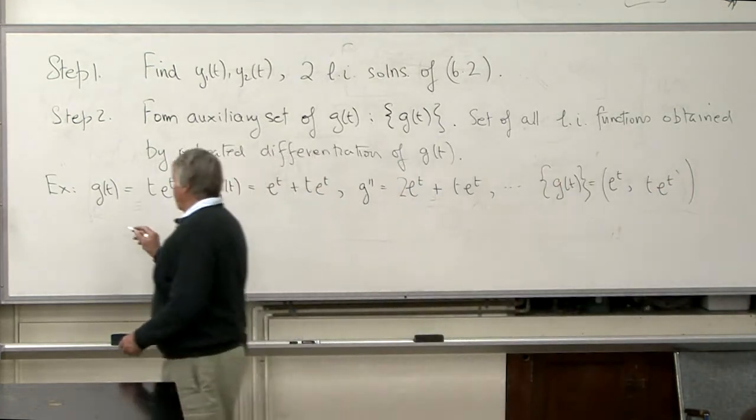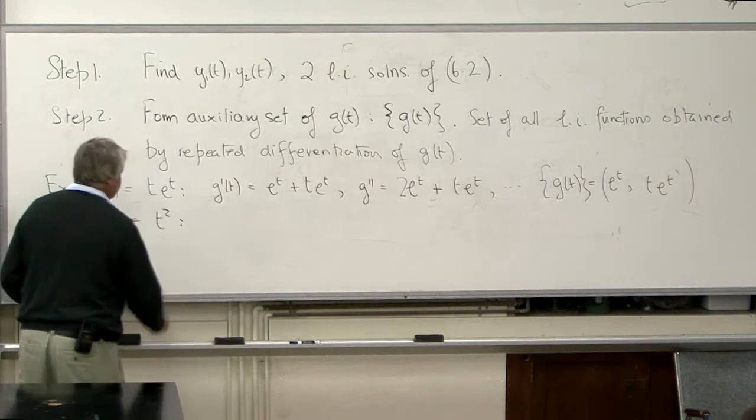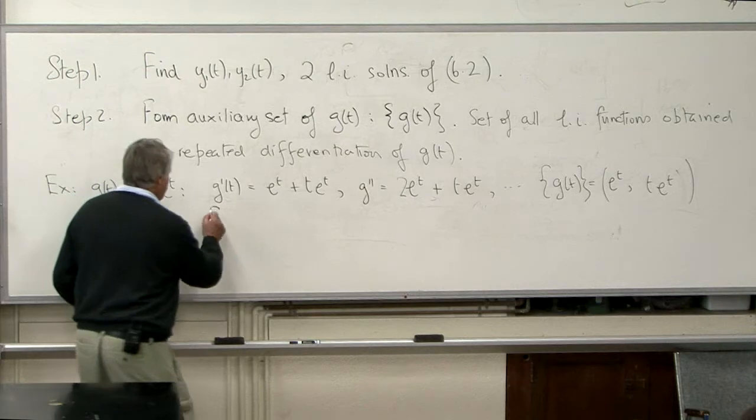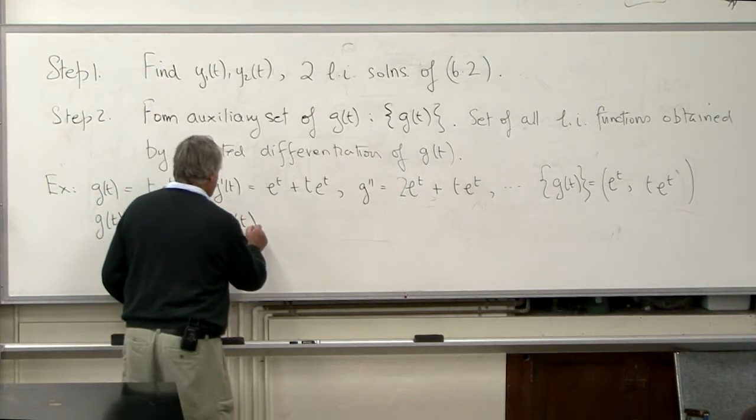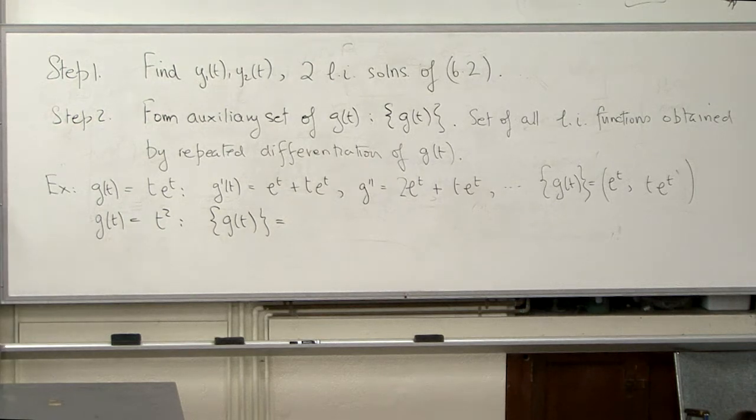Now, how about this? G of t is t squared. What's the auxiliary set of t squared? Just keep differentiating. What do you get when you differentiate the first time? Next time? Next time?